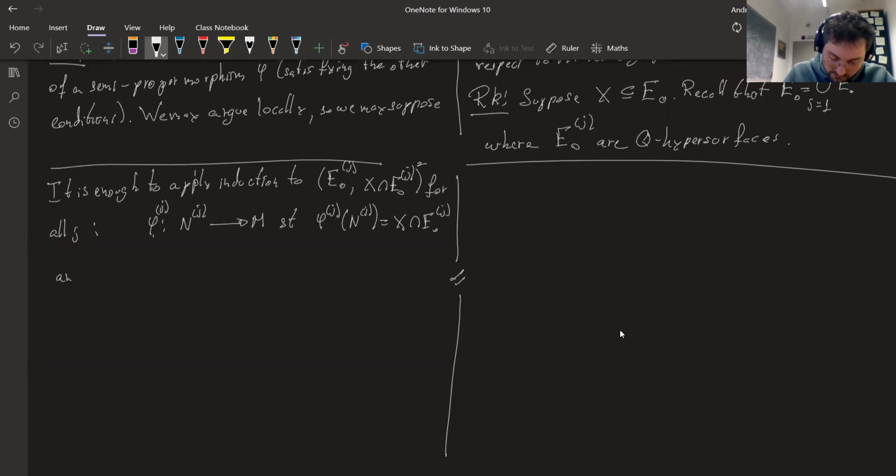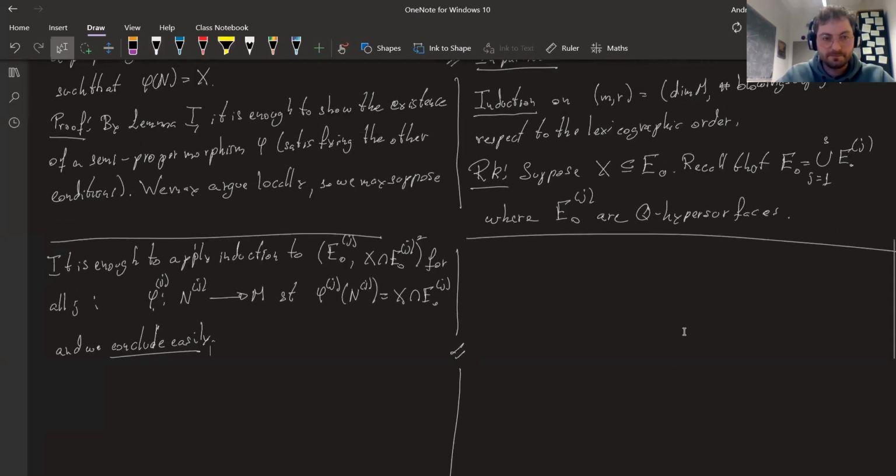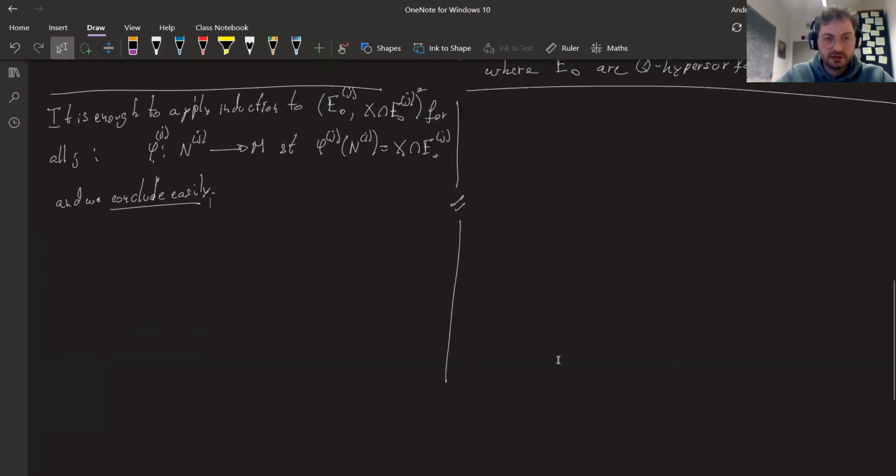And we conclude easily because we can take as the manifold N the disjoint union of all of the Nj's, and then the morphism phi is given by the restriction to each Nj, the Fj. So this is what concluding easily means here. Okay, so I'm going to use this remark from time to time. Okay, so now the induction will start.